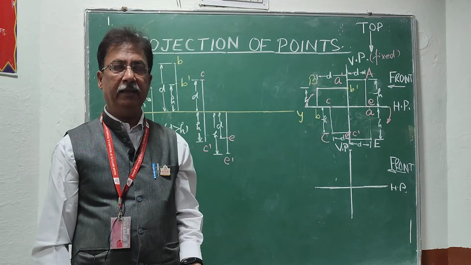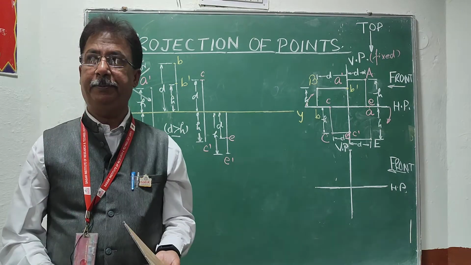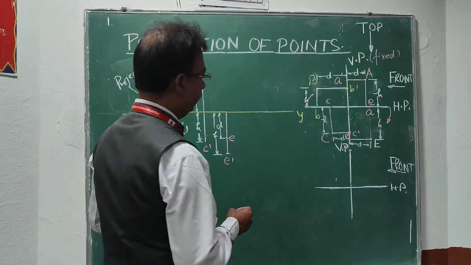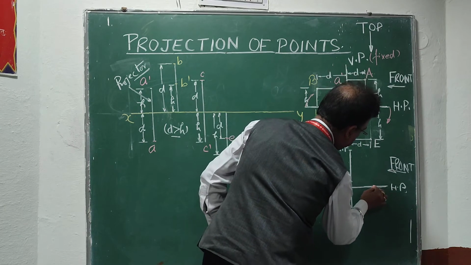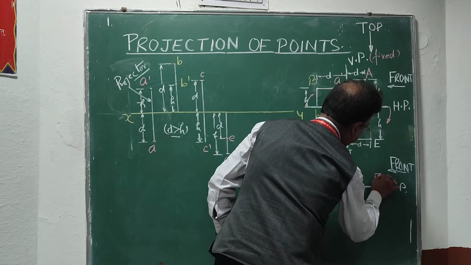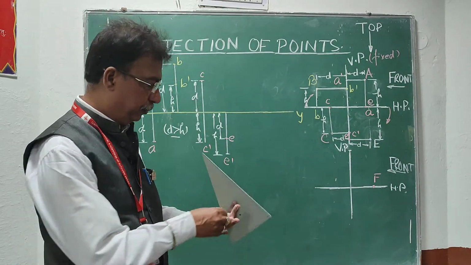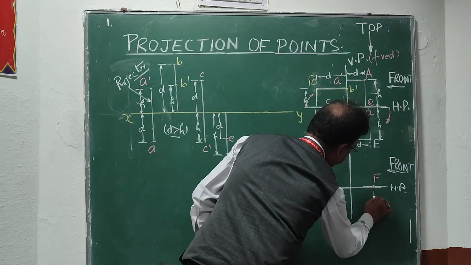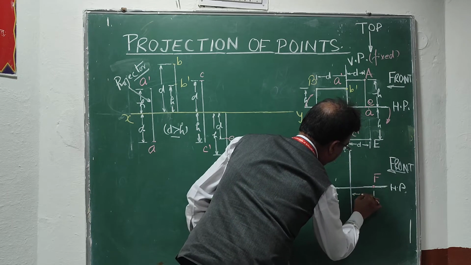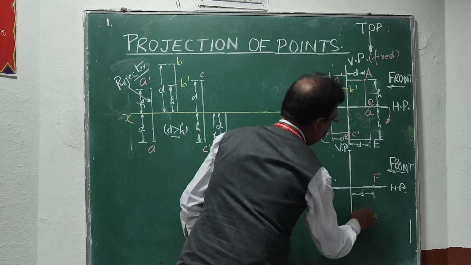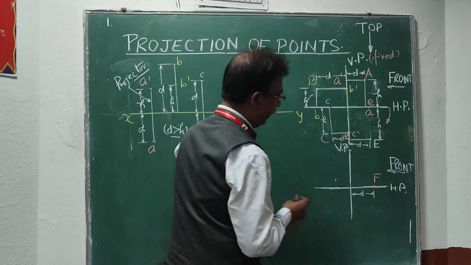More options are there when the point is on the HP or on the VP. If I take one option, then suppose in another figure I take another point capital F. Now the point is on the HP and in front of VP by some distance D. Its top view will be at the same point.